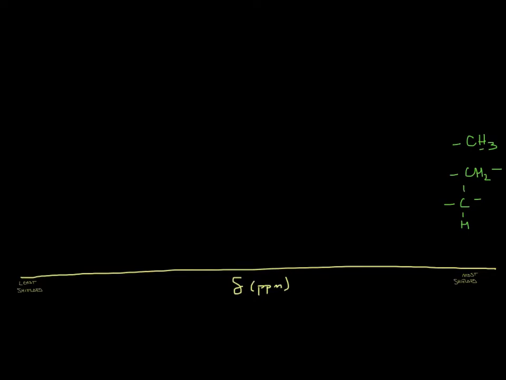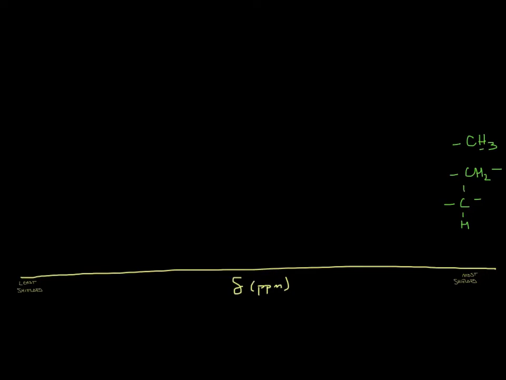When we think of the periodic table, every other atom that appears in organic chemistry is mostly oxygens, nitrogens, halogens, carbons, and hydrogens. Carbons and hydrogens are the only ones that share their electrons evenly. Everything else would pull electrons away and therefore de-shield, or reduce the amount of shielding that those hydrogens feel. So the most shielded hydrogens are those just attached to carbons with nothing else around them.